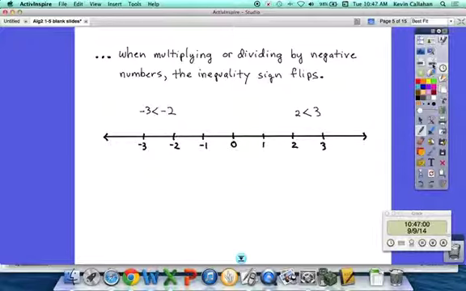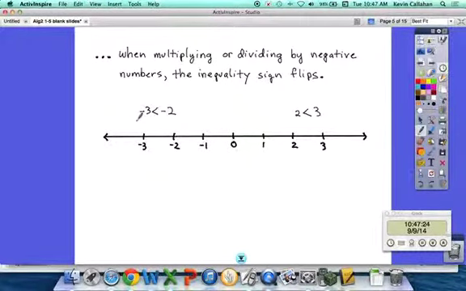And the reason is, when you're talking about positive numbers, the numbers are getting bigger as you go to the right, so 2 is less than 3. But in terms of negative numbers, since it's getting bigger as I go to the left, -2 is actually greater than -3.